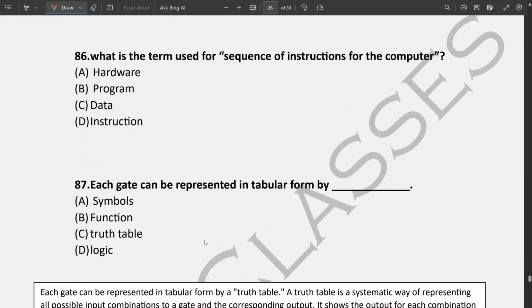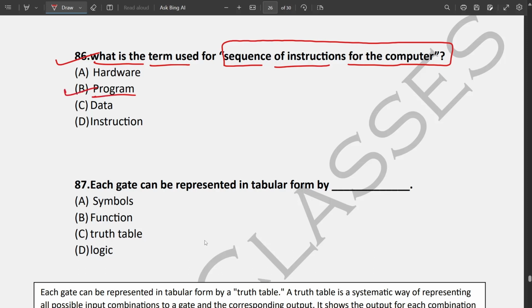Next, 86. What is the term used for sequence of instructions for the computer? The answer will be program. Option number C. Question number 87.